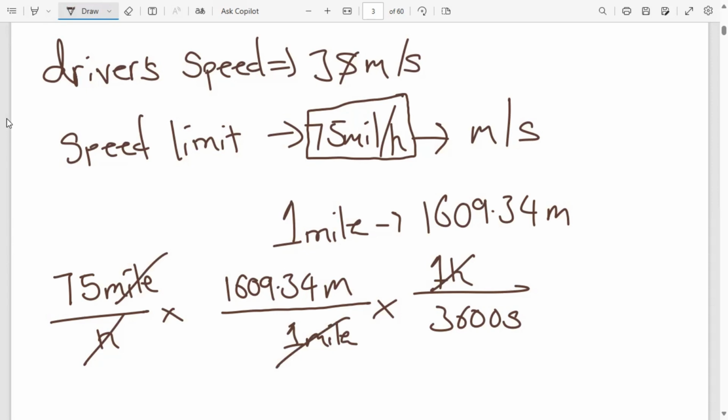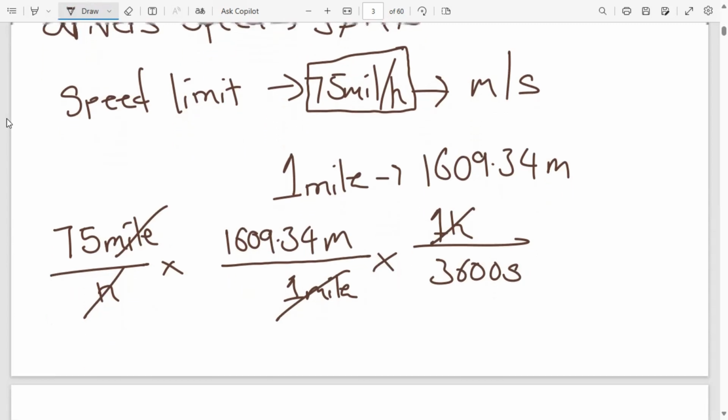So 75 multiplied by 1609.34 multiplied by 1 divided by 3600 seconds.